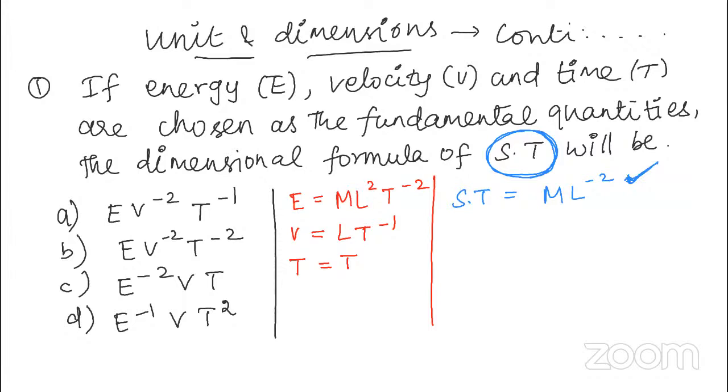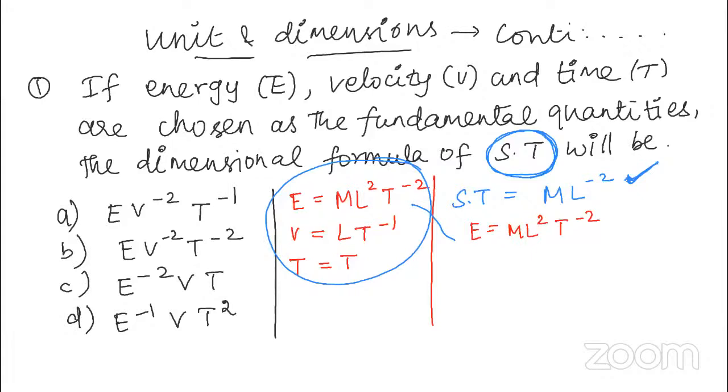So for that, what do we do? These quantities we want to express in terms of E, V and T. First we take the energy value. Energy E is equal to M L square T power minus 2.